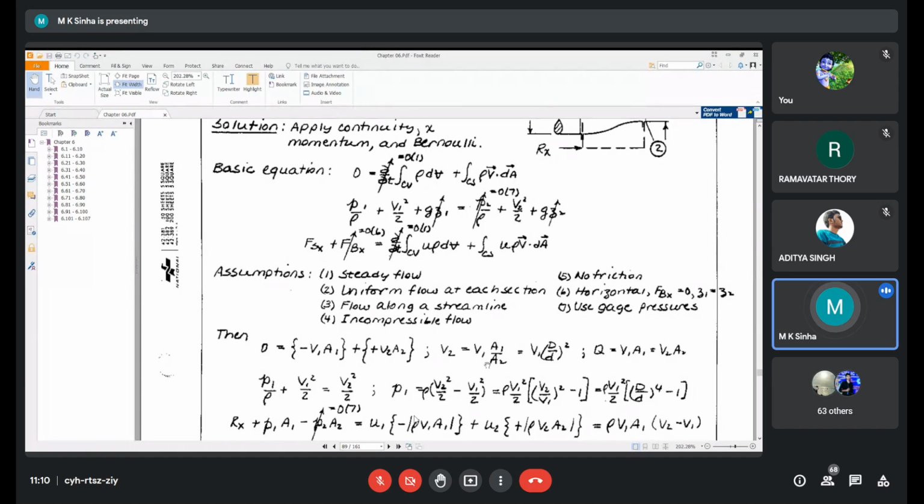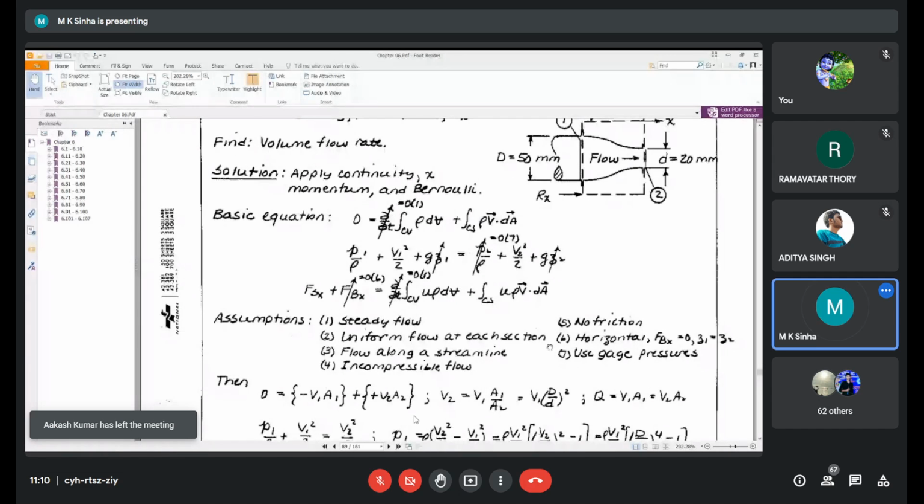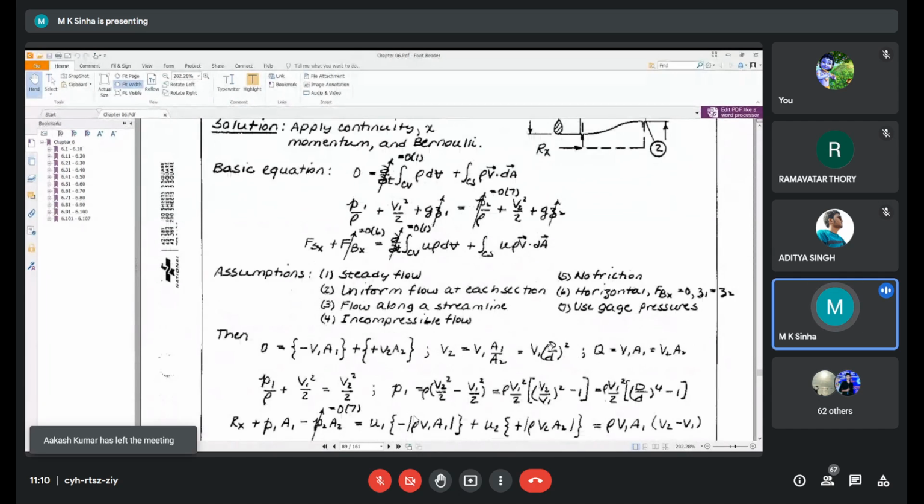Here the Z level, the potential head, is the same at the inlet and at the exit from the nozzle to the atmosphere, so it is zero. At the inlet section there is pressure and velocity; at the exit there is only velocity. From these two equations, the continuity and Bernoulli equations, we can correlate these quantities.